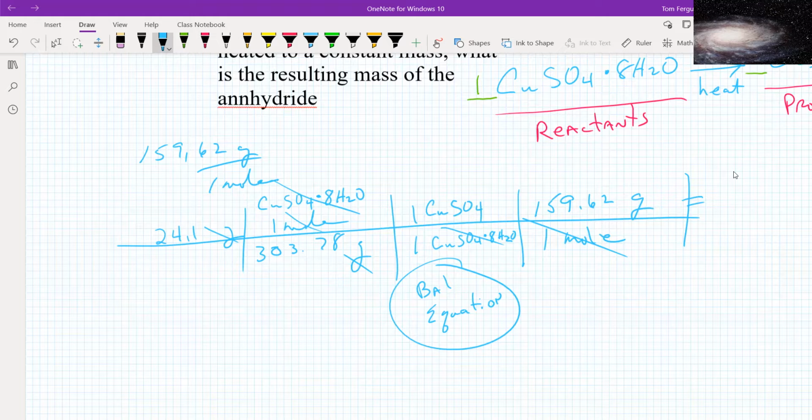Okay. Does everyone see where I got that set up? Okay, so we're just going to multiply here. Now I'm going to multiply everything on the top, divide by everything on the bottom, like we did in unit 1.